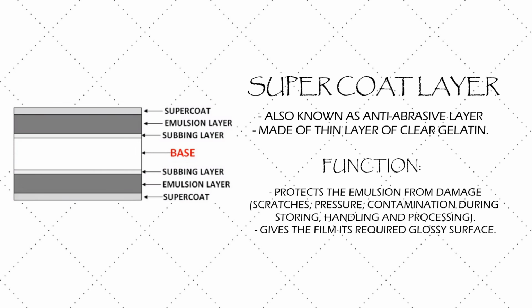Second, it provides the right surface that a film should have. It is glassy to prevent dust from accumulating on it, but not too glossy, so that it can generate enough friction to pass through the rollers of a film processor.